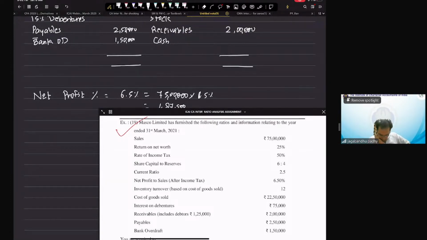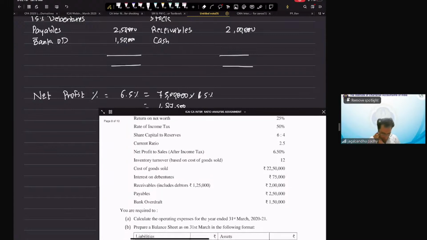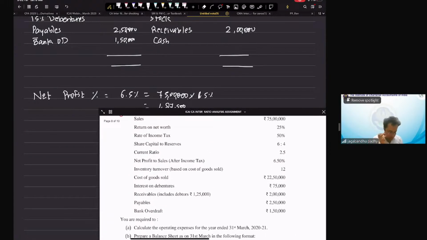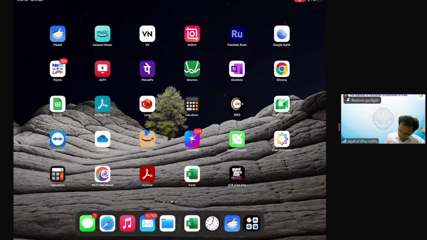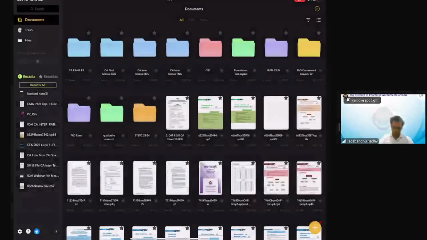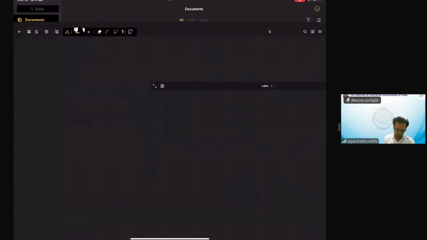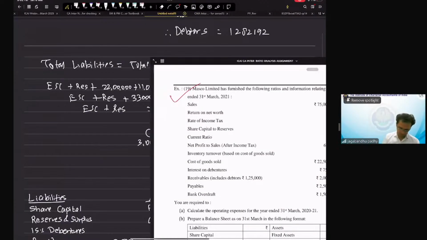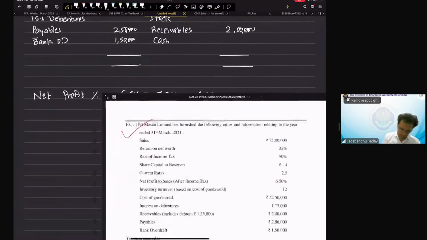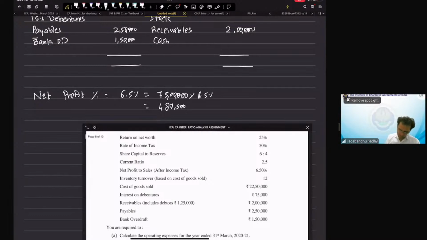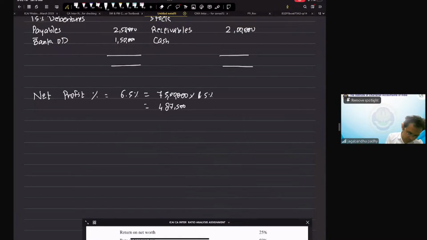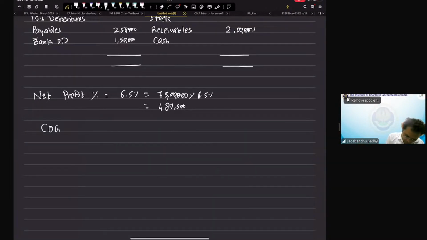Now, cost of goods sold is 22 lakh 50,000. Since cost of goods sold is 22 lakh 50,000, we can definitely get the gross profit.